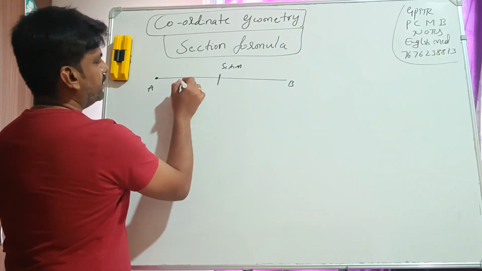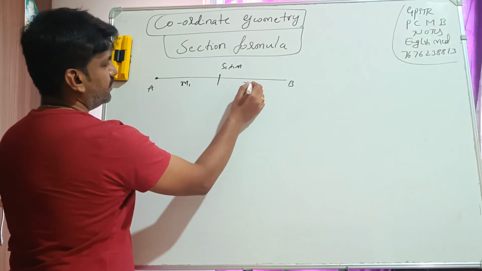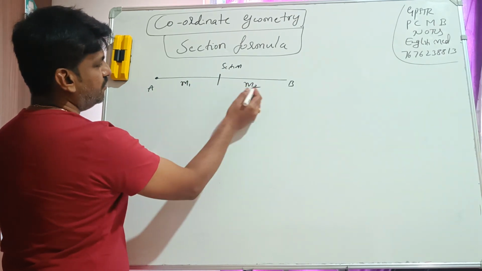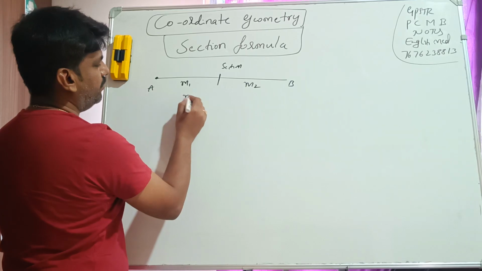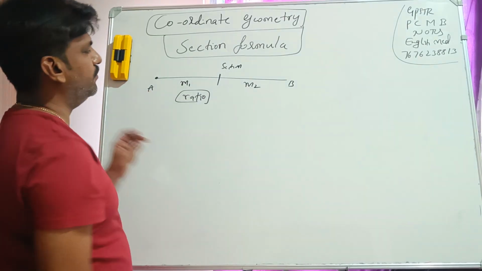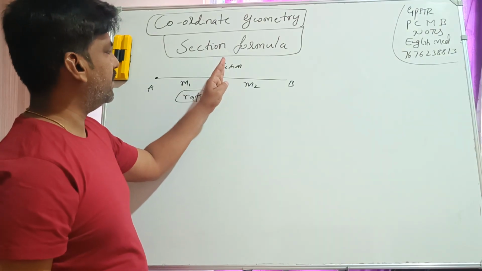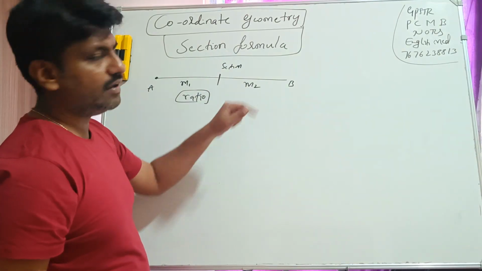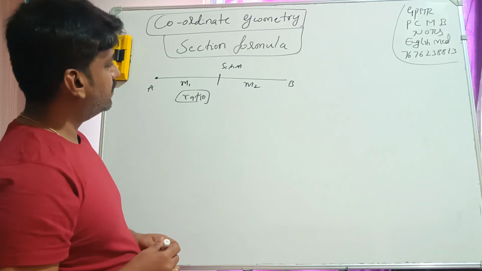So I will call this M1 and this M2. This is going to divide M1, M2 with the help of some ratio. It is a line segment which divides this section into two parts with the ratio M1 and M2, and is called the section formula.